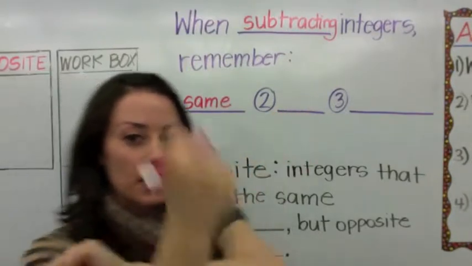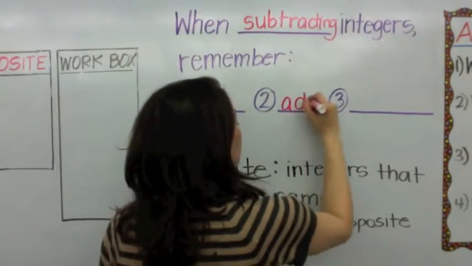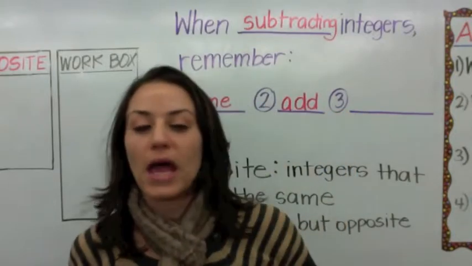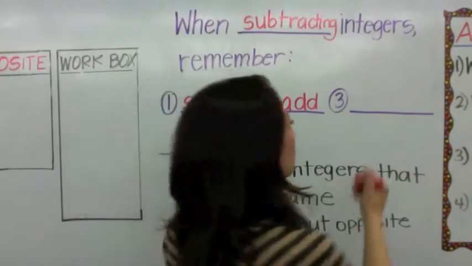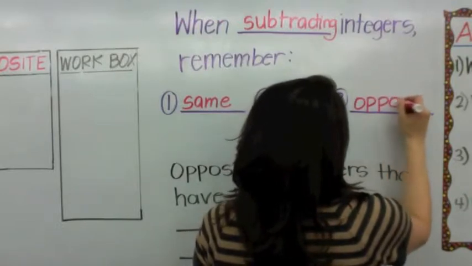Number two is add. And number three is opposite. So we need to talk about what opposite means.